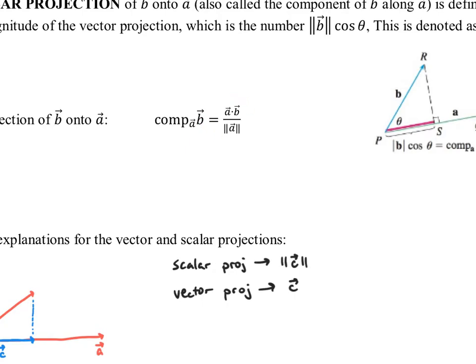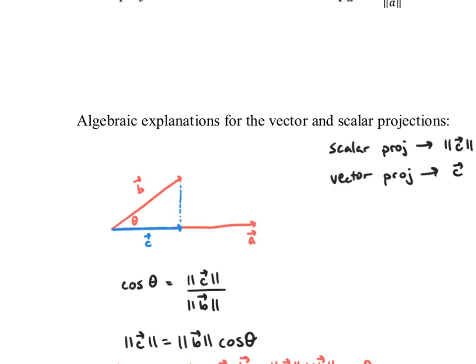Now, if you think about this as a projection of B onto A, what we just found was the first component of B, and I think that's where that word component comes from, but it can be confusing for people because there are so many different terms that kind of mean the same thing.